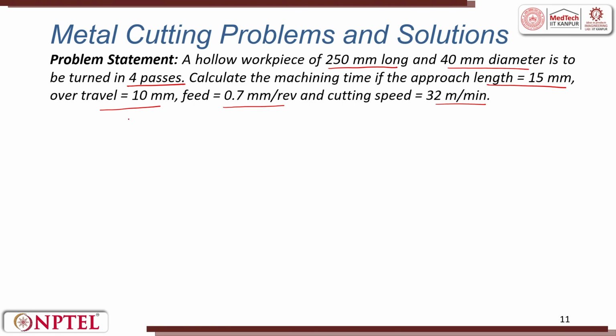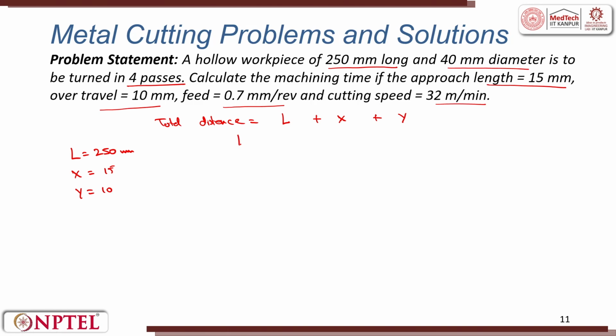Just to recall, the total distance is equal to the length of the workpiece plus the approach length plus the over travel length. Here we have been given the length of workpiece as 250 millimeters, the approach length as 15 millimeters, and over travel as 10 millimeters.